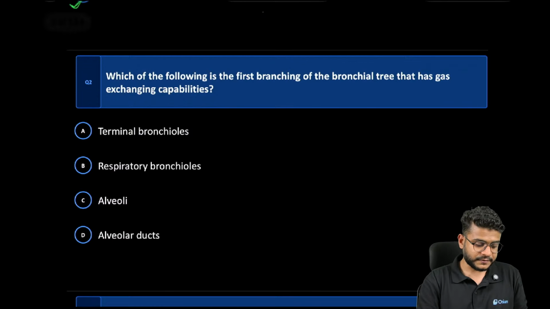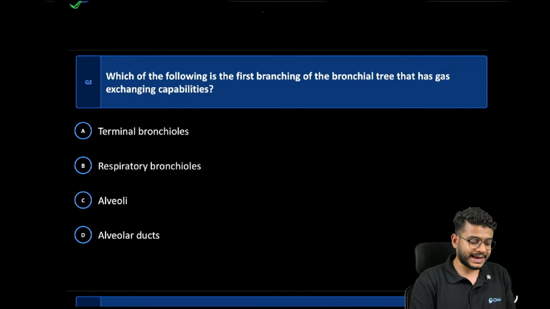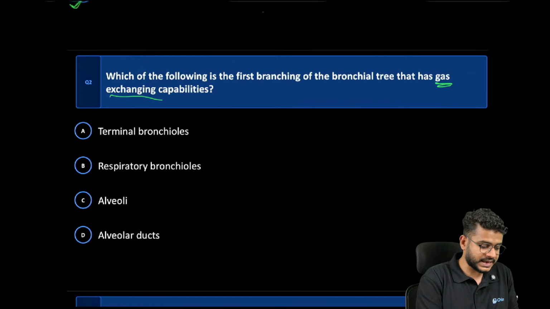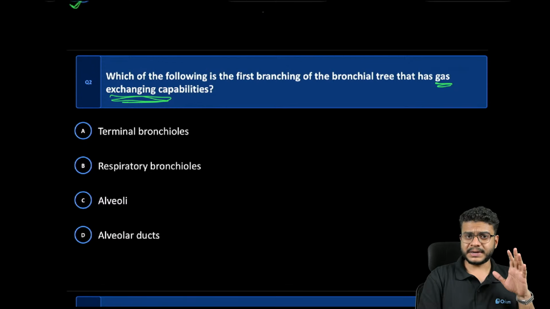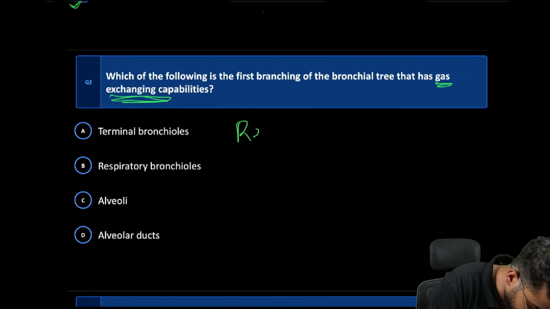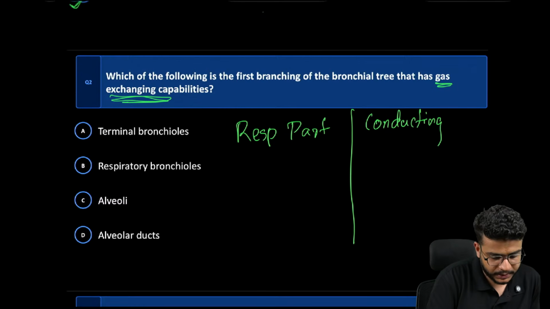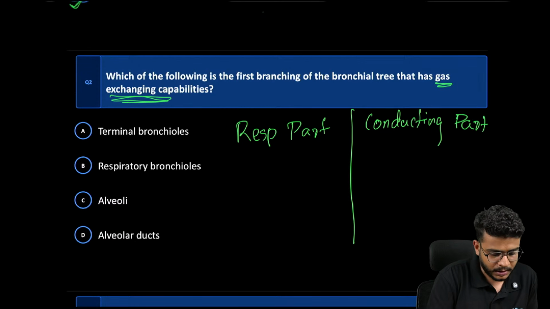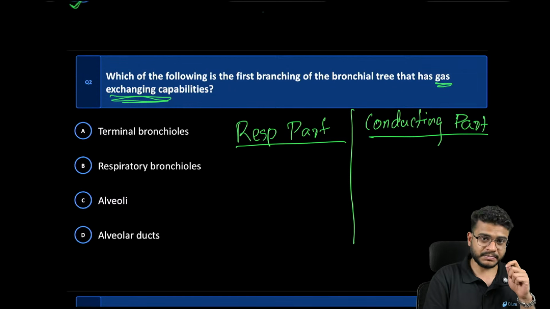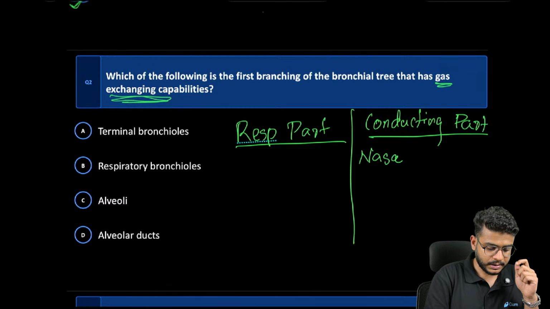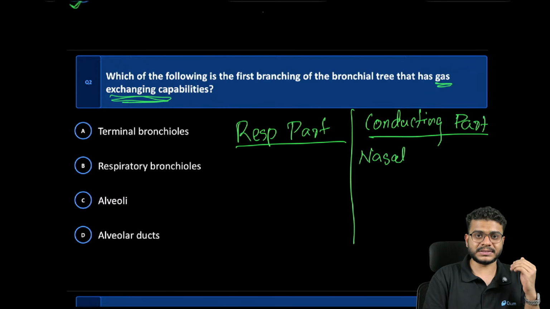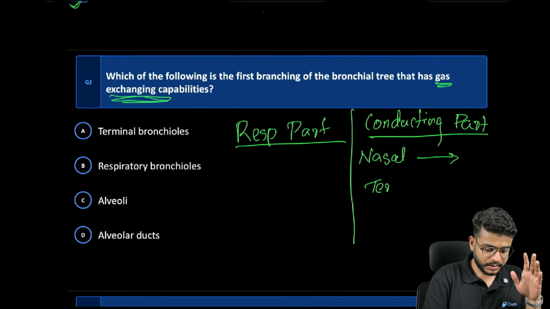Which of the following is the first branching of the bronchial tree that has gas exchanging capabilities? The respiratory system is divided into two parts, the conducting part and the respiratory part. The conducting part begins from the nasal cavity and includes the pharynx, larynx, trachea, bronchi, and bronchioles, till the terminal bronchioles.